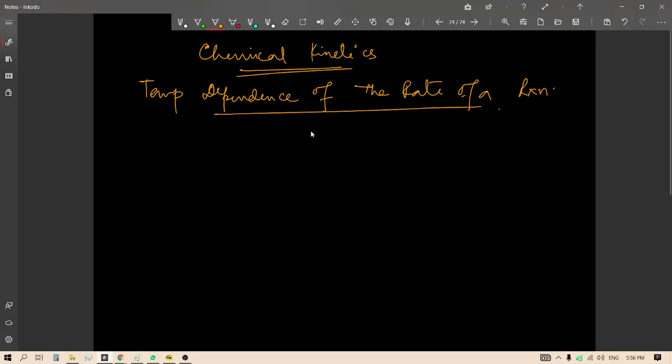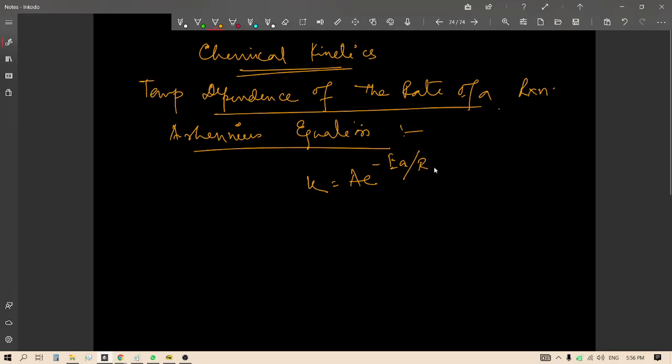The dependence of the rate of reaction on temperature is given by something called the Arrhenius equation, which is written as K equals A into e to the power minus Ea upon RT. Now what is K? K is basically the reaction rate constant.